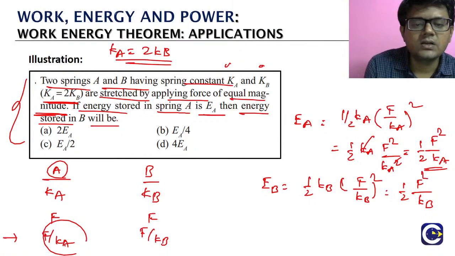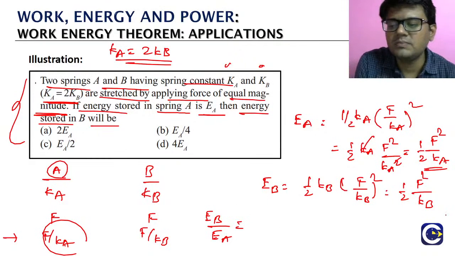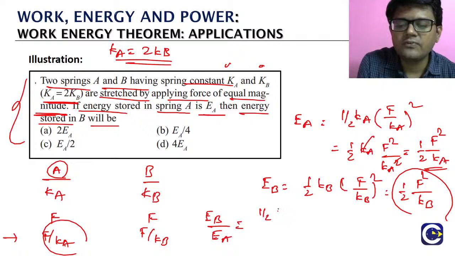We are required to find Eb, the energy stored in spring B, in terms of Ea. For that, let us divide both of them. Eb by Ea: Eb is half F square by Kb, divided by Ea, which is half F square by Ka.